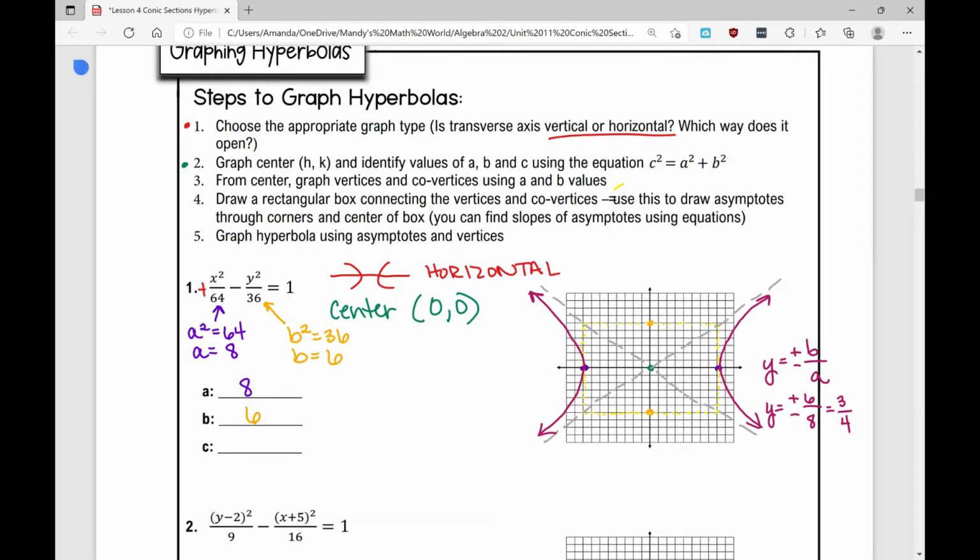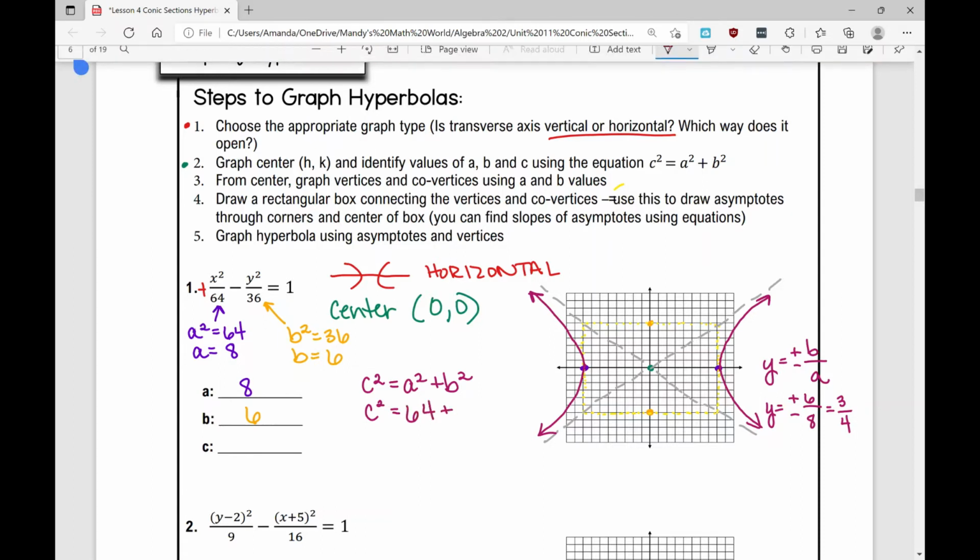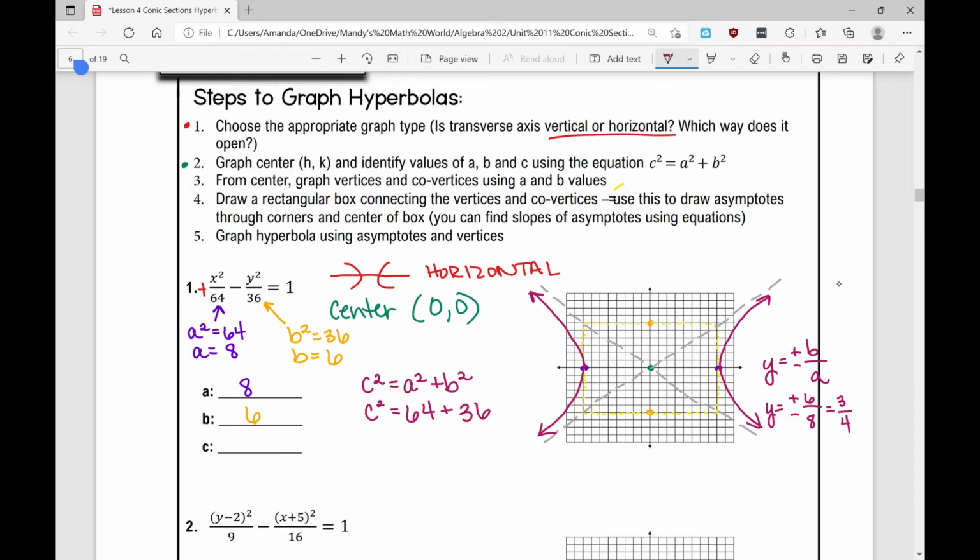And now let's look at finding the value of c, right? And this is just helpful practice when finding the value of c. So c squared, I know that the values are related, equals a squared plus b squared. So I can find the value of c by plugging in a squared, 8 squared, which is 64, b squared, which is 36.